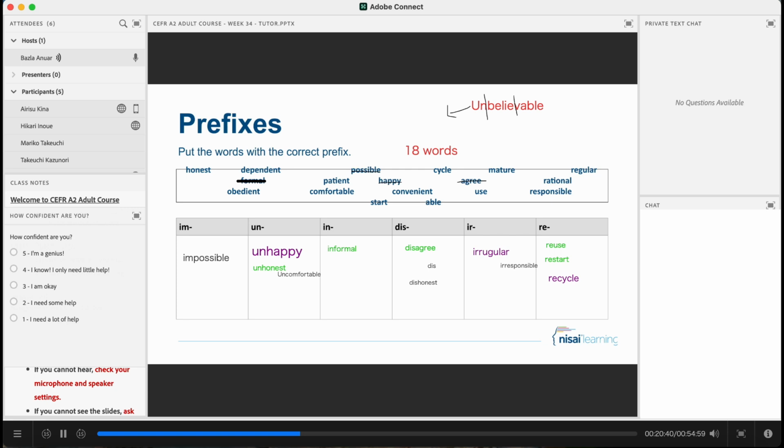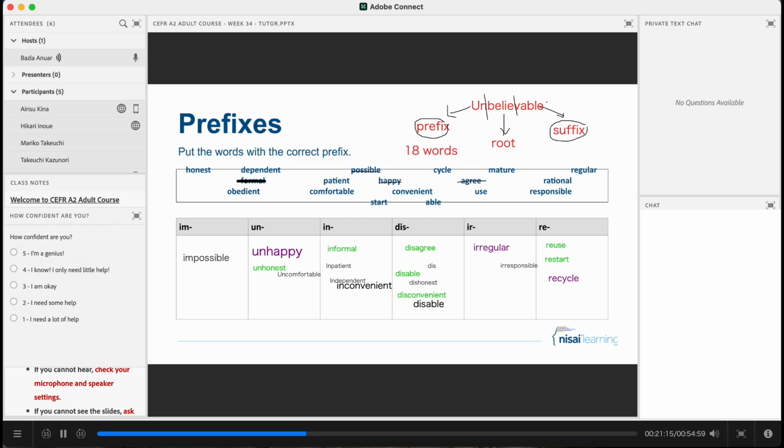The first one, un, is what we call a prefix. Believe is the core, what we call the root. And the word able is what we call a suffix. Only two things that you need to understand: prefix is always placed at the start, suffix is always placed at the end.